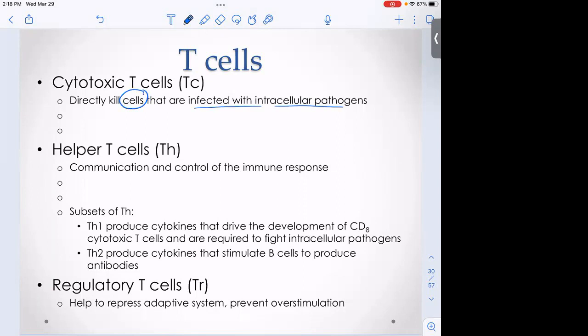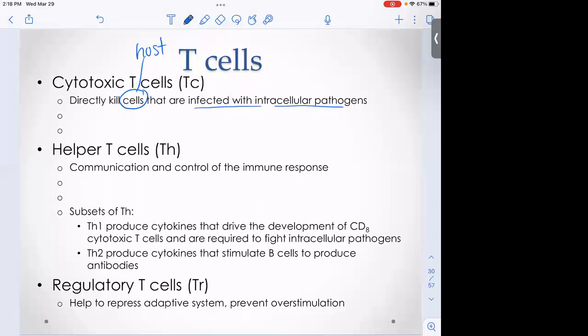So, host cells. There's a homework question, you have to read really carefully. But cytotoxic T cells, their job is to kill our cells that have been infected. Again, there are lots of checks and balances on these.